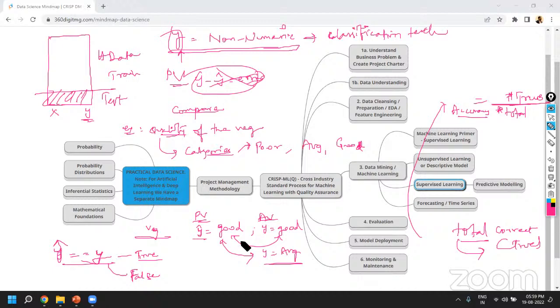If I talk about mismatches, that means false cases, then this gives us the overall error rate. If I take all the false cases out of the total predictions, this is nothing but the overall error rate. Right? This is the overall accuracy.